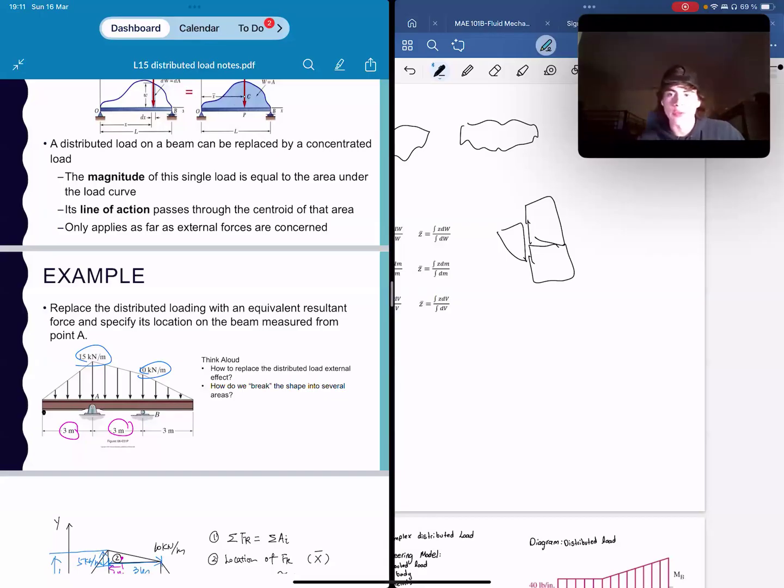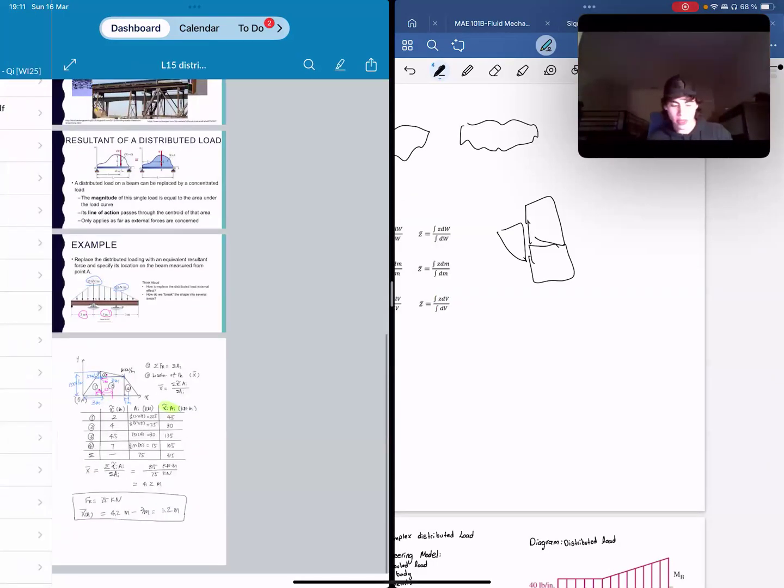Yeah, right. So there's only an X bar in this case because the question is specifically asking for the position on the x-axis in which you can have a resultant force equivalent to the distributed load, right? And there's no y bar because the beam is just horizontal, so there's no y component of it. That will be it for lecture 15.